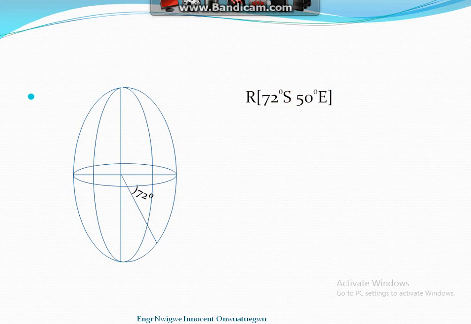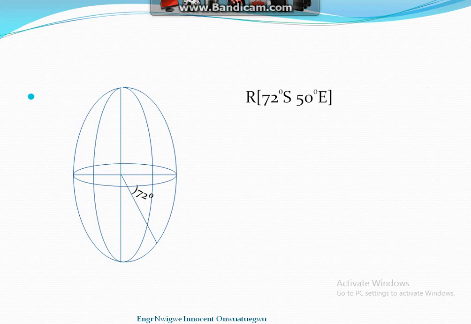Since 72 is located south, it will be below the circle. Then we draw a straight line. Since the longitude is 50 degrees east, we mark a point. That's the location of point R.